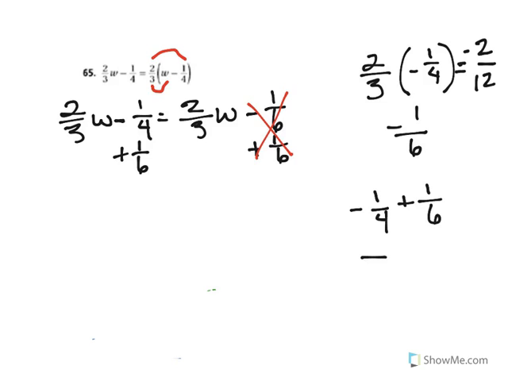And I know to add fractions, I have to have a common denominator. And that's negative. Remember, we only subtract the numerators. And make sure we put it in its lowest form.